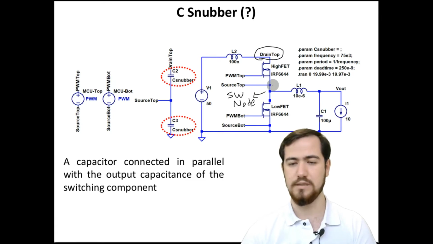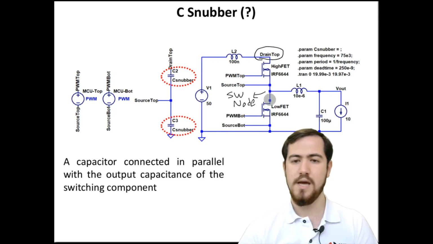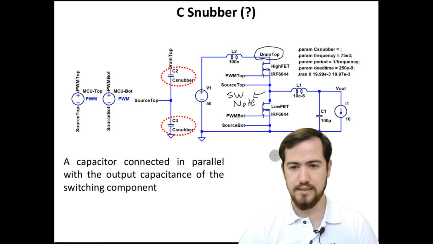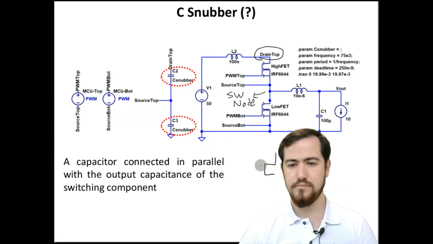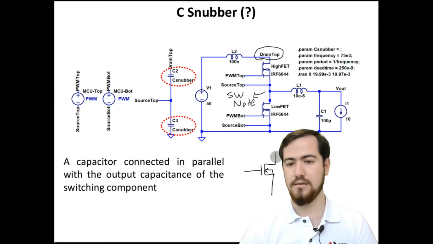We are connecting two capacitances in parallel with these MOSFETs. Let me draw it in more detail. Say this is an ideal N-channel MOSFET model. It does have parasitic capacitances across the drain to source terminals, drain to gate terminals, and gate to source terminals, and these are effective during the switching transients.